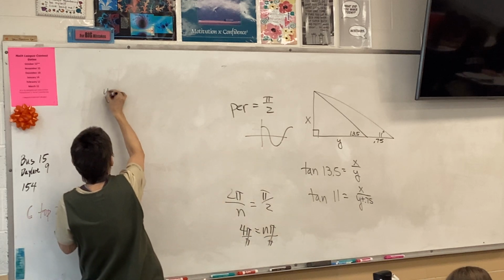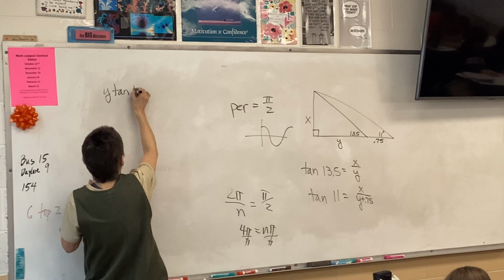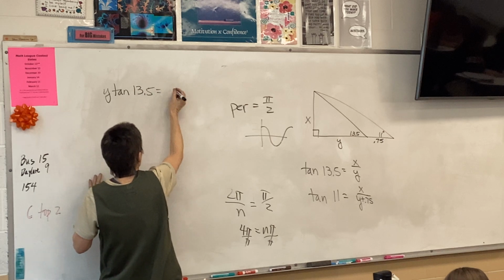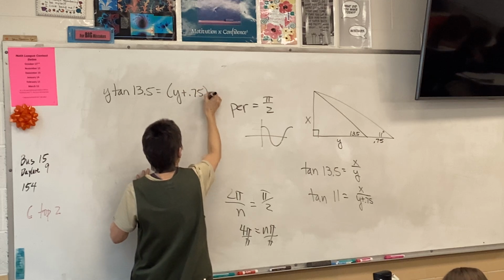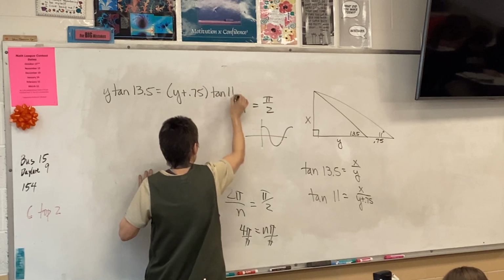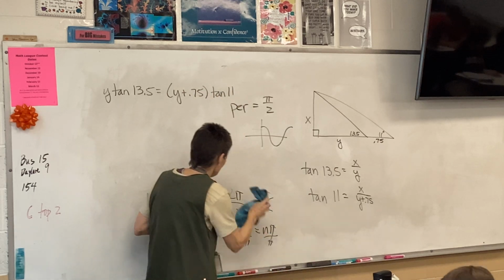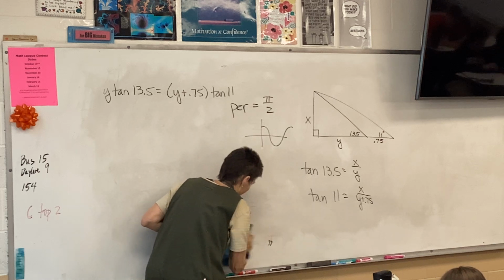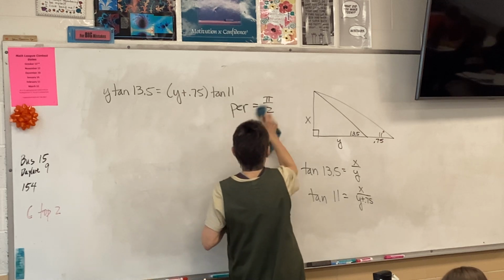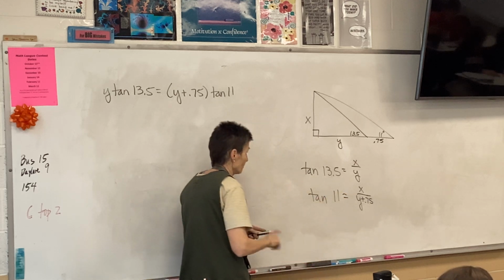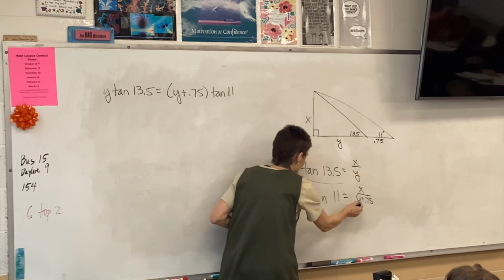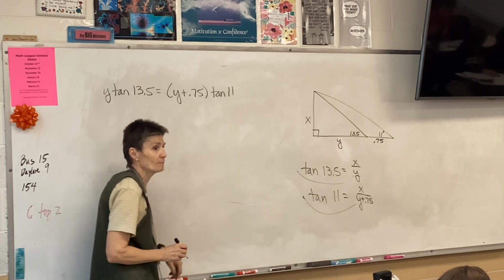So I'm going to say y tan 13.5 equals y plus 0.75 tan 11. Is that all right with everybody? Got x by this. Brought this over and brought this over, set them equal to each other.